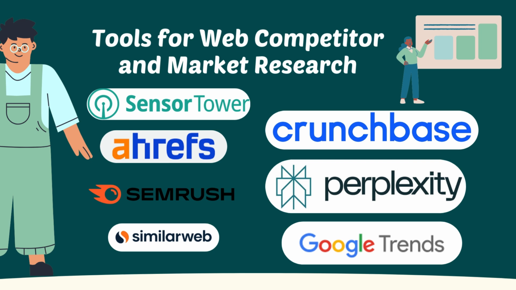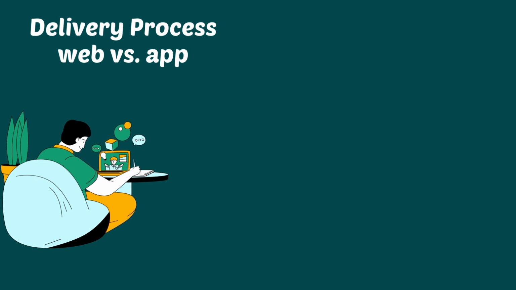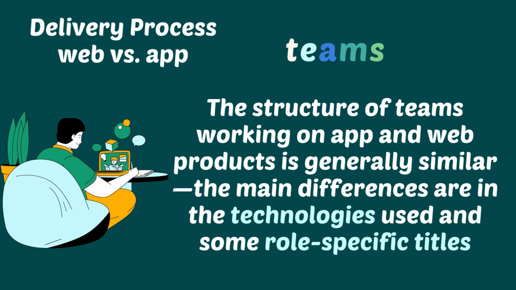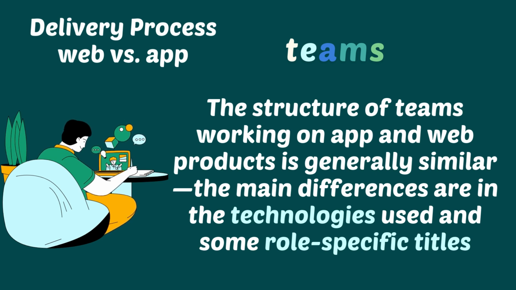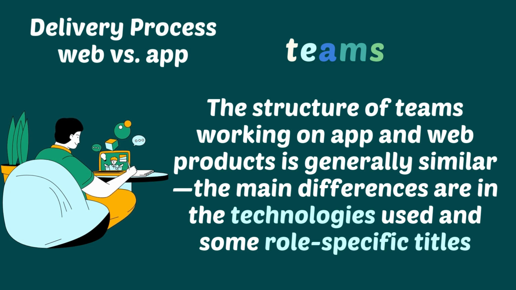Once you've done the market research and competitor analysis, the next focus is execution, how your product actually gets built and delivered. Let's compare how that works on web versus app. The structure of teams working on app and web products is generally similar. The main differences are in the technologies used and some role-specific titles.